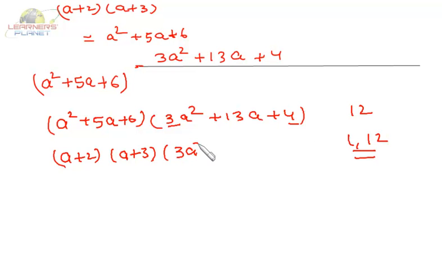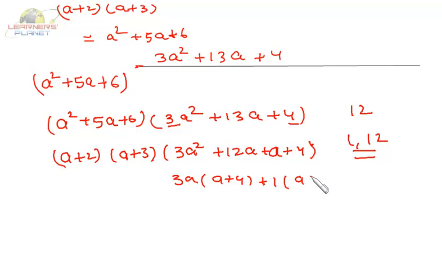So it's 3a square plus 12a plus 1 plus 4. It's a plus 4. So 3a, a plus 4 plus 1, a plus 4.